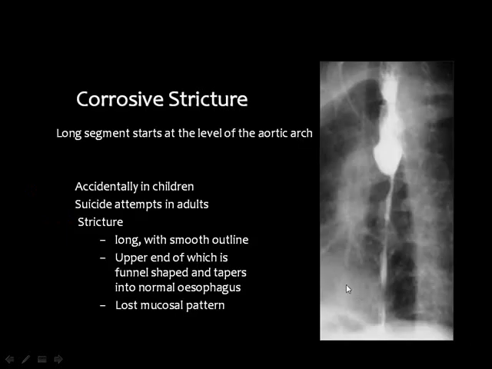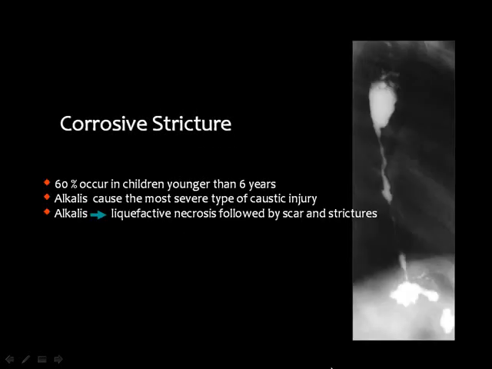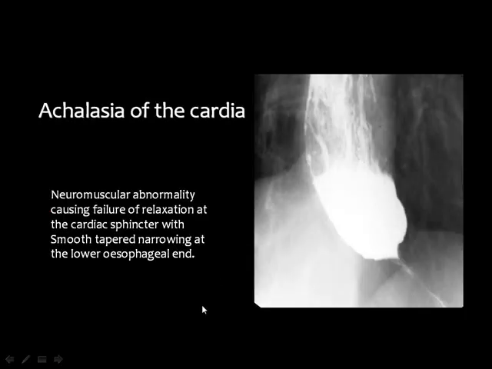The corrosive stricture is usually seen in children and mentally defective patients, and this stricture is located high up in the esophagus. It is very long, showing the classic benign appearance of strictures. This is another case of corrosive stricture, and you can see the long stricture and the smooth outline of the narrowed segment.